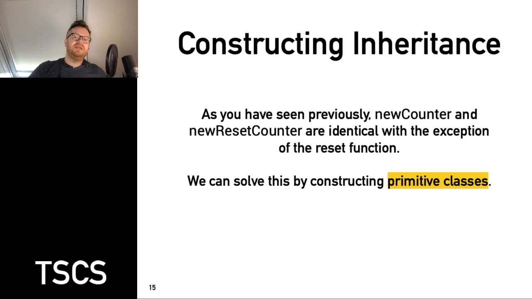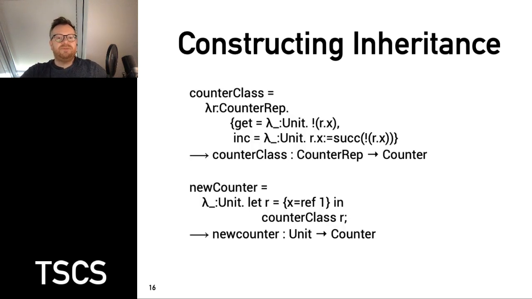As you can see, these object constructors that we had, like new counter and new reset counter, are basically identical, with the exception of the reset function. And now we want to have things like inheritance, so we are entering class world. So we do want to have primitive classes right now. And how do we do that?